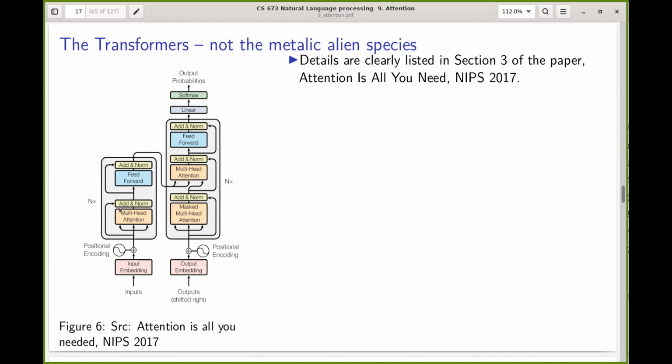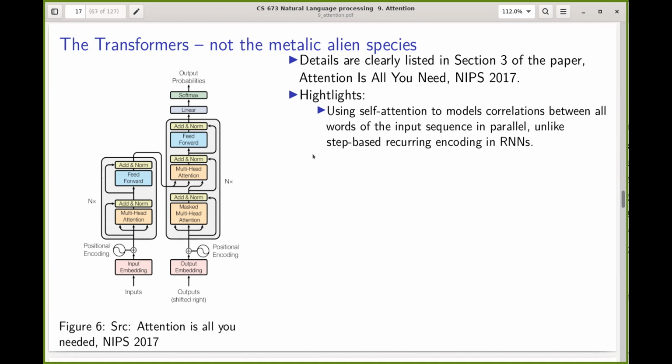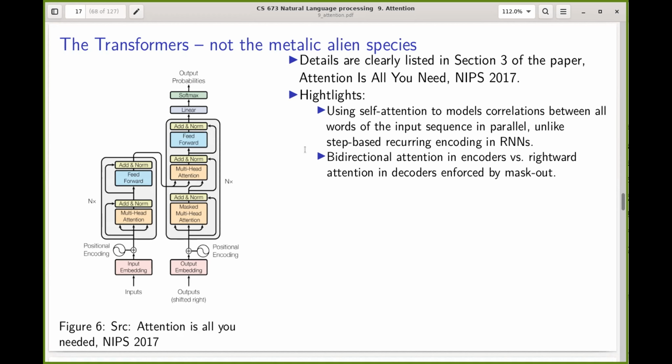All right, and then you go to the decoder stage. The first highlight is that they use self-attention to model the correlation between all words in the input sequence in parallel, unlike the step-by-step recurrent encoding. And then the attention is bidirectional.